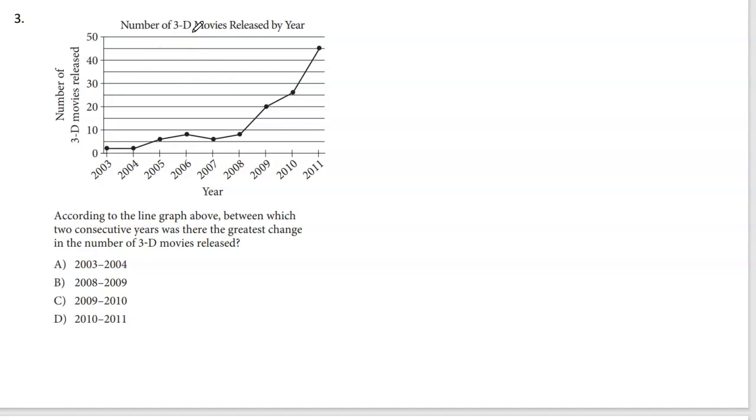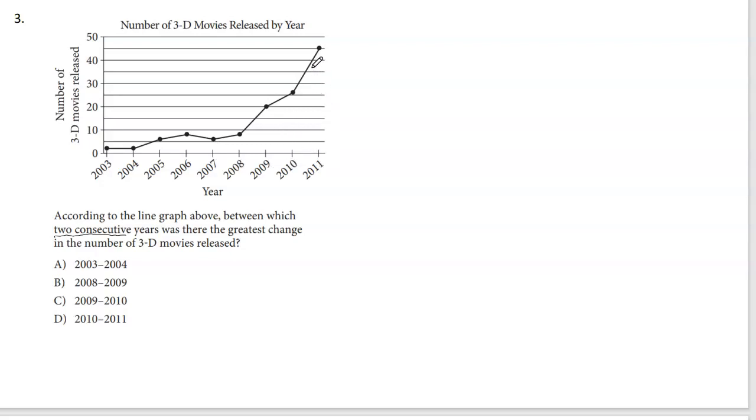So we have a number of 3D movies released by year, plotted against the years. It says, according to the line graph above, between which two consecutive years were there the greatest change in the number of 3D movies released? So when you look at this, you're looking at where there's the biggest jump within the year.